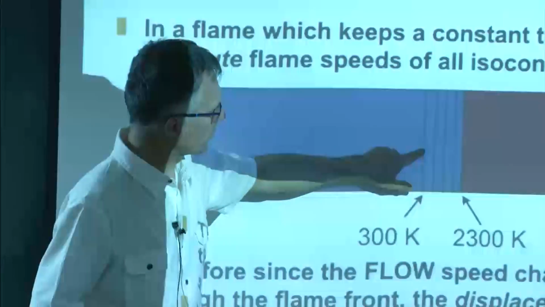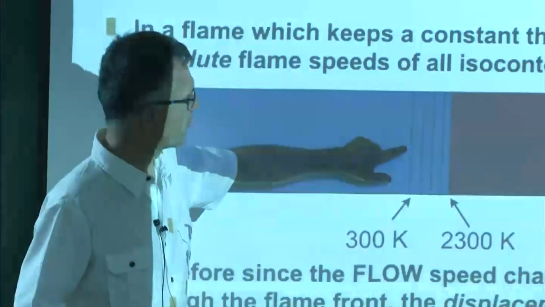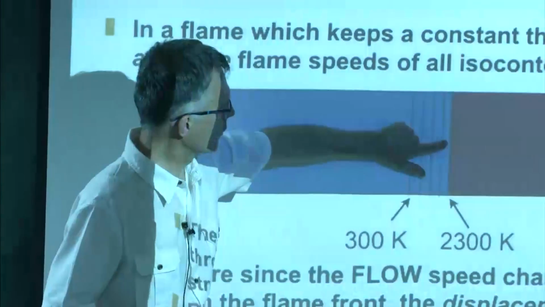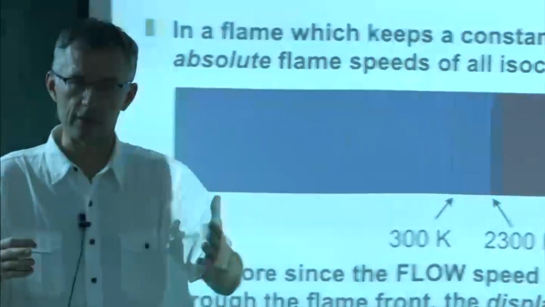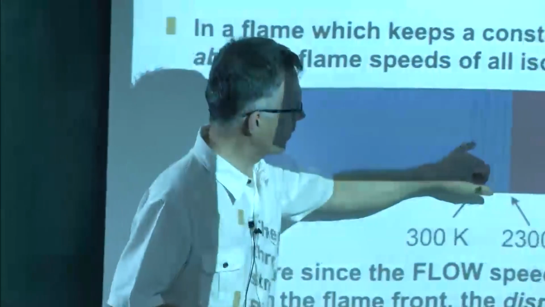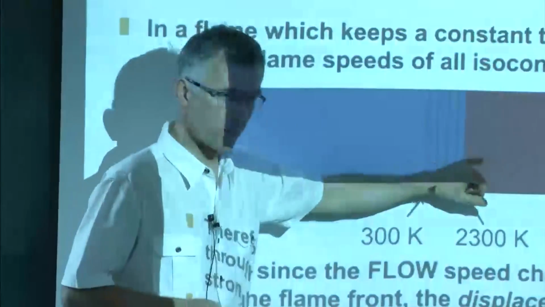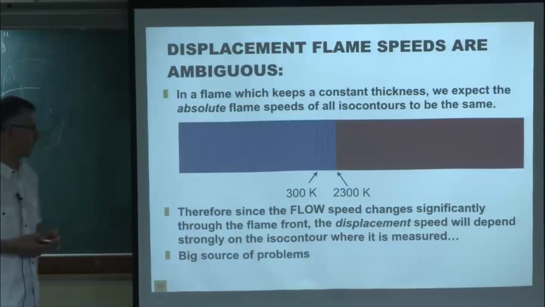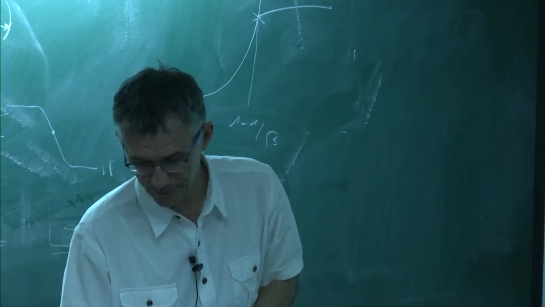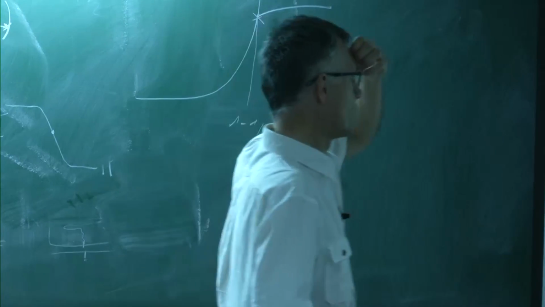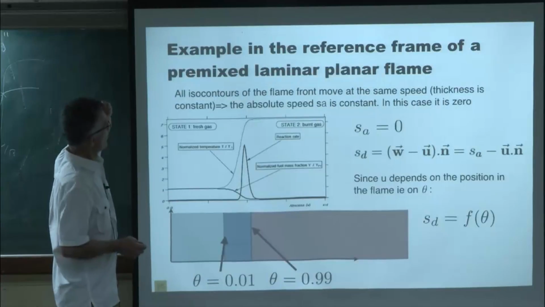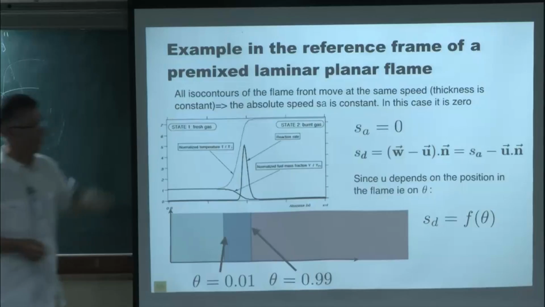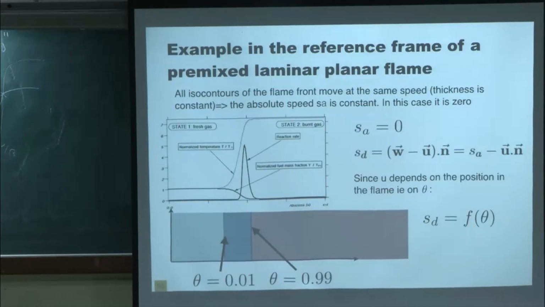So if the absolute speed here is the same, you can measure the speed of this line or the speed of that line, you will get the same thing. But if the absolute speed is the same everywhere, since the flow speed is not the same, then the displacement speed is not the same, and then things get complicated. So we're going to plot that in a second. Let's do, for example, a flame which is fixed in the reference frame where we are computing it.